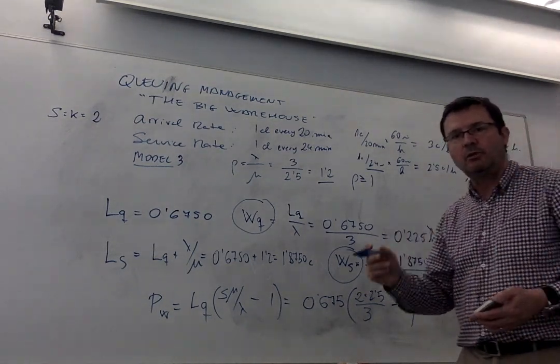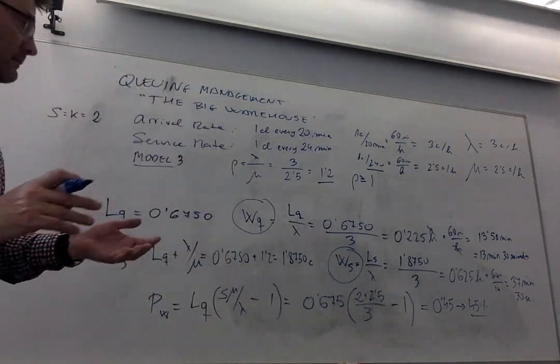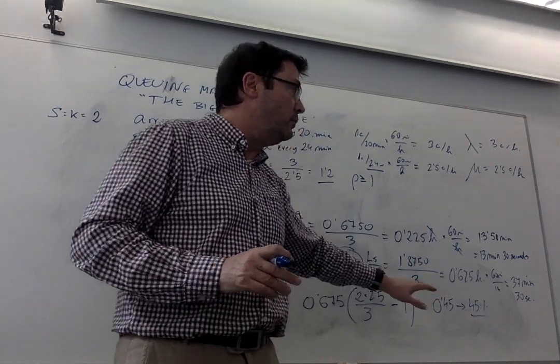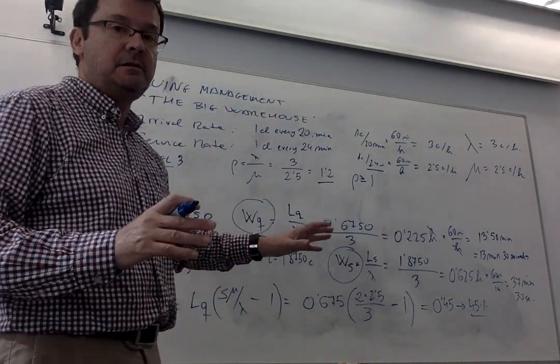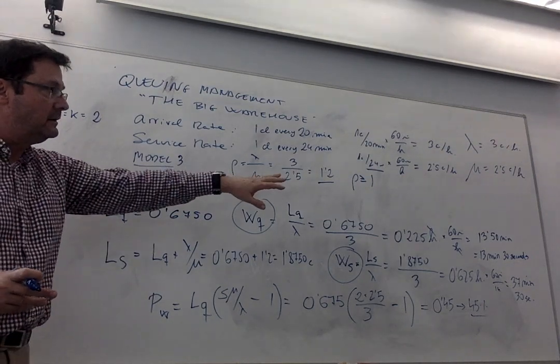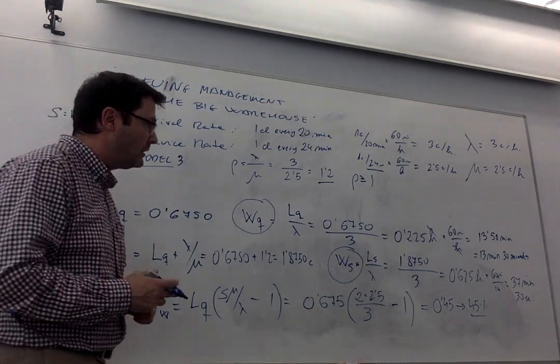of probability that you will have to wait, you will have to queue if you go there. It's quite a high probability, but chances are that you don't have to wait. If you have to wait, you know that the average waiting time or queuing time will be, we have in here, 13 minutes and 30 seconds. So it's not horrible, all right?